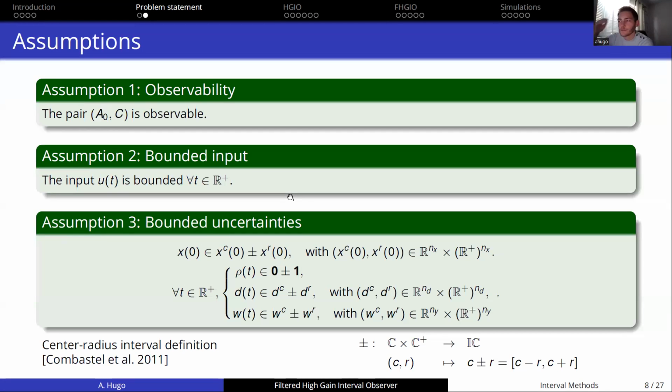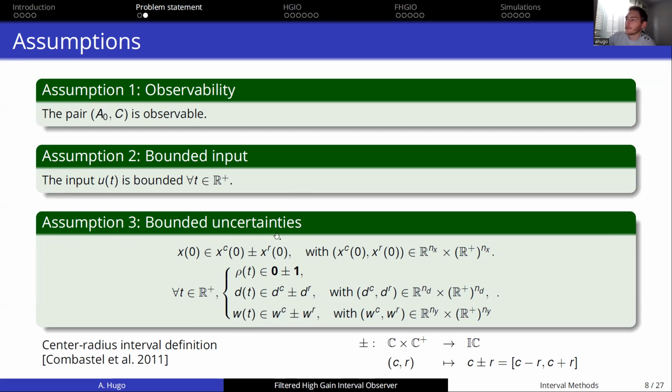And the third assumption is that we know the bounds of the uncertainties. The considered uncertainties are the initial state, the scheduling vector, the disturbance, and the noise. For all those uncertainties, we will consider that they are bounded by known terms.